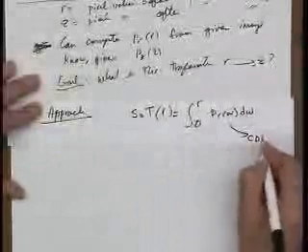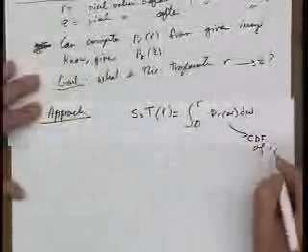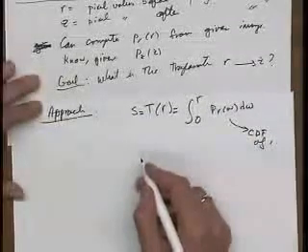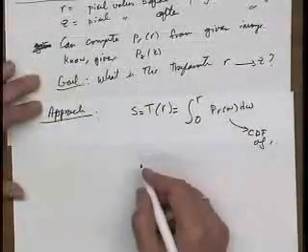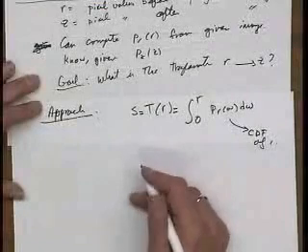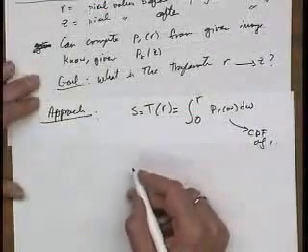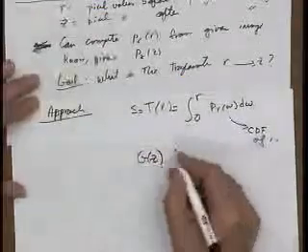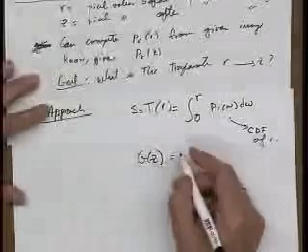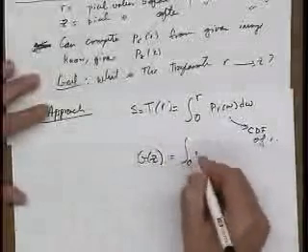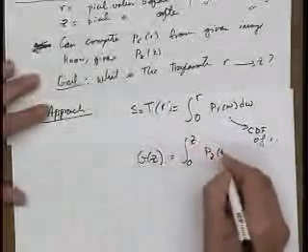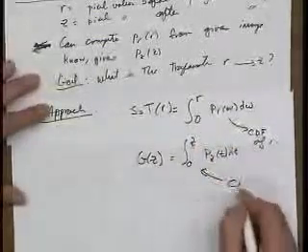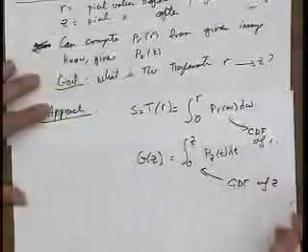This is the CDF, cumulative distribution function, of R. And I'm going to build a new transformation, G of Z, which is the CDF of Z. It's the integral from 0 to Z of P sub Z of T dt.